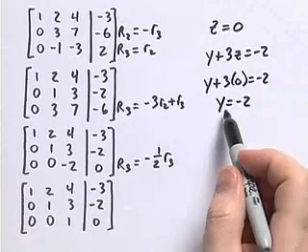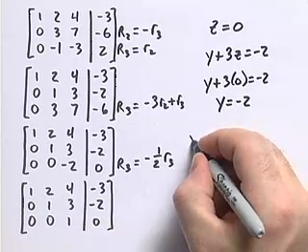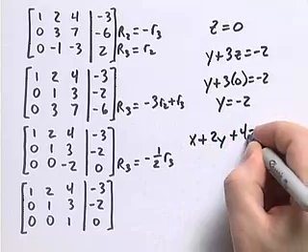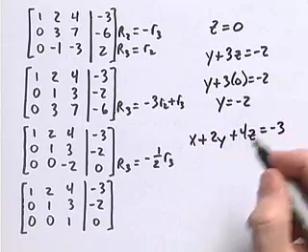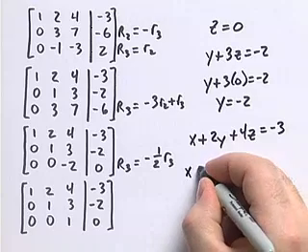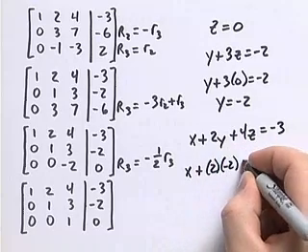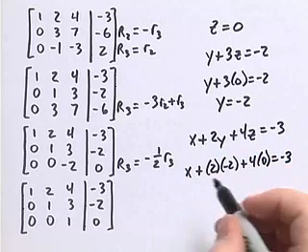We know z and y now. This first row in our matrix gives us the equation x plus 2y plus 4z equals negative 3. Plug in our values for y and z, get x plus 2 times negative 2 plus 4 times 0 equals negative 3.